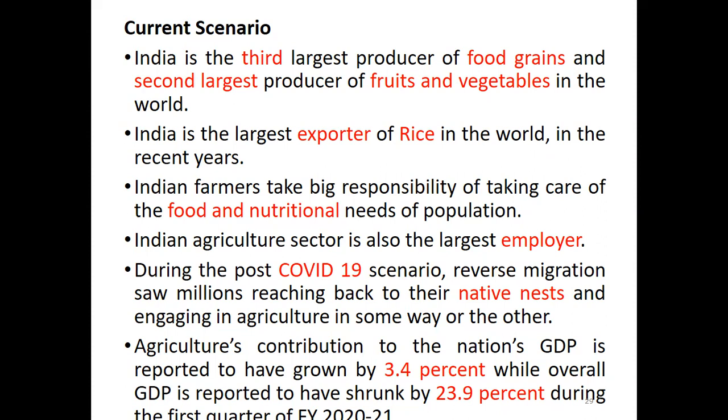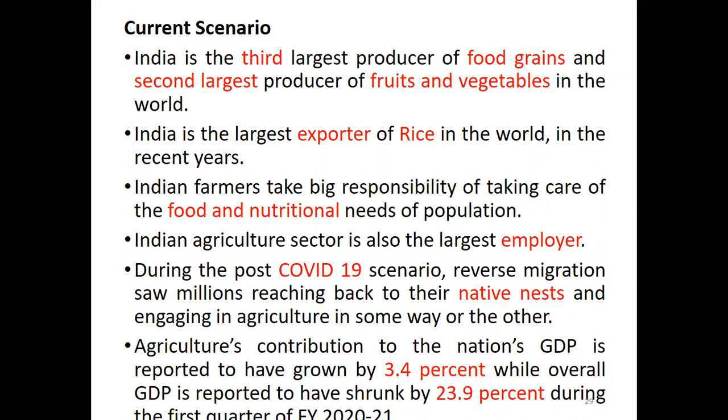Means what? There is a backup. So this is one area where people can look at it as a backup business, and accordingly they can also work.